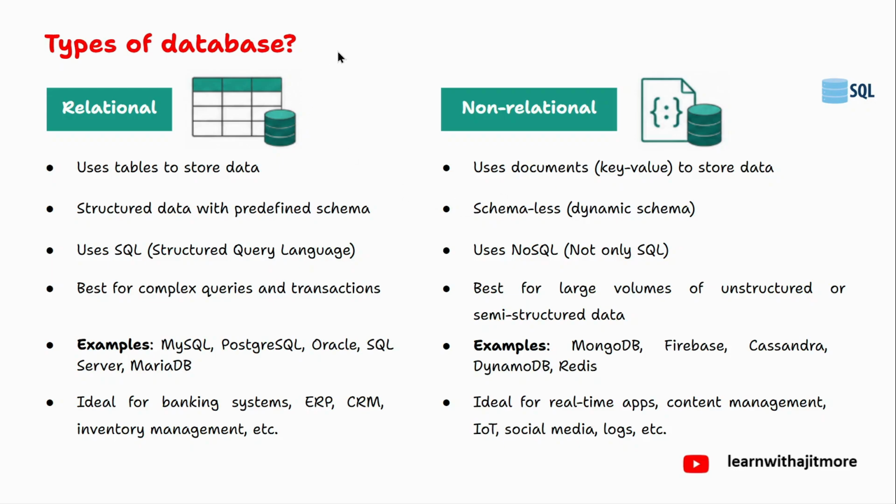When your information is going to come from multiple sources and you have to join them and create a new report from it, please go for a relational database. Both of them have their pros and cons. Where you have to do complex queries and continuous transactions, go for a relational database.